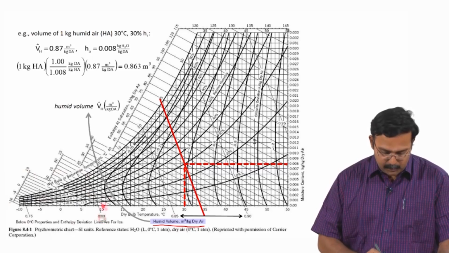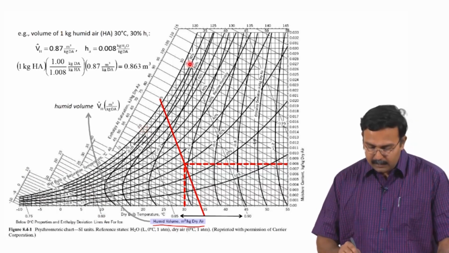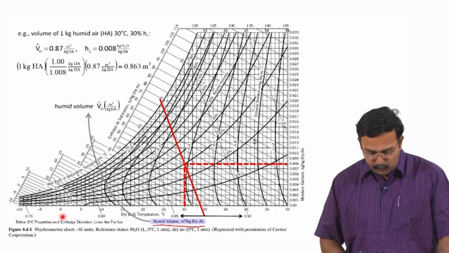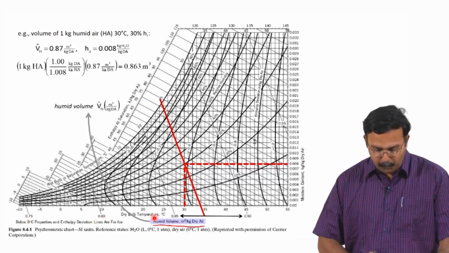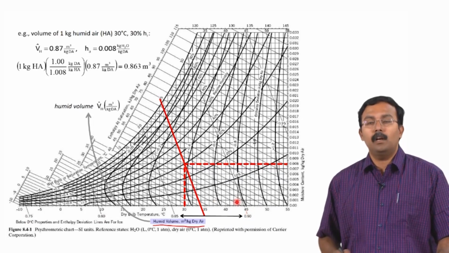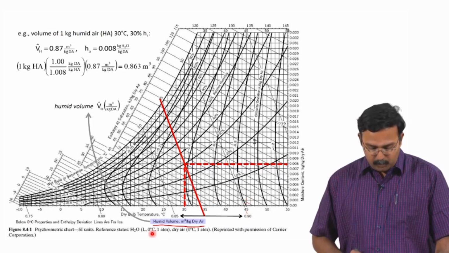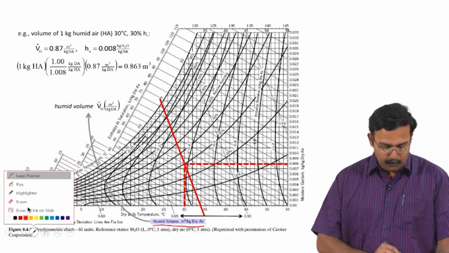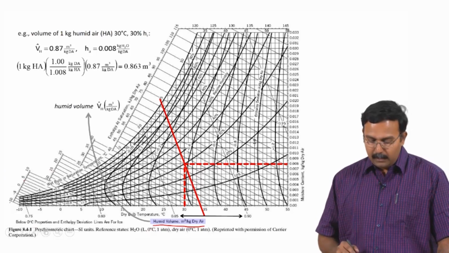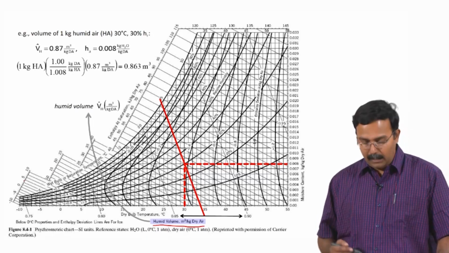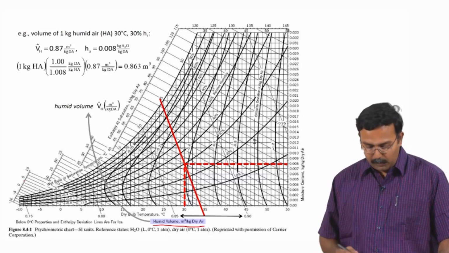These are the slanted lines that you see here, and the values you see here, which are 0.75, 0.8, 0.85 and 0.9, correspond to the humid volume. So, for a given condition, relative humidity, we would be able to calculate the humid volume, which would give us the volume of the air we are looking at.